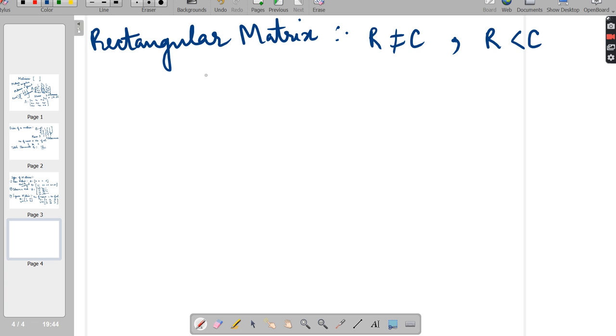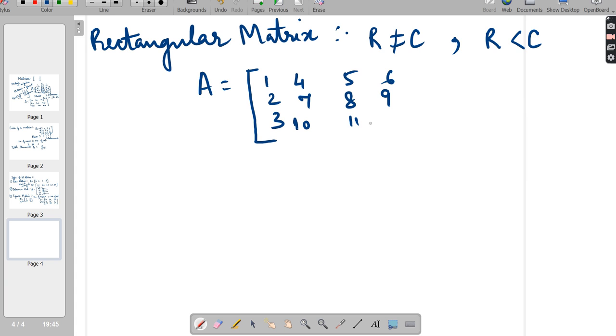So for an instance, I will take a matrix A and in that I will write 1, 2, 3, 4, 5, 6, 7, 8, 9, 10, 11 and 12. So if you see here, you have number of rows as 3 and number of columns are 4.